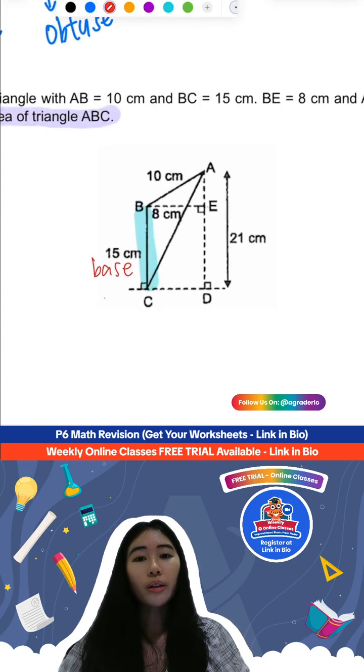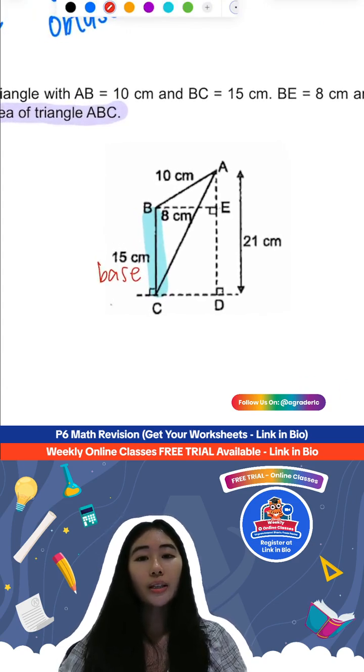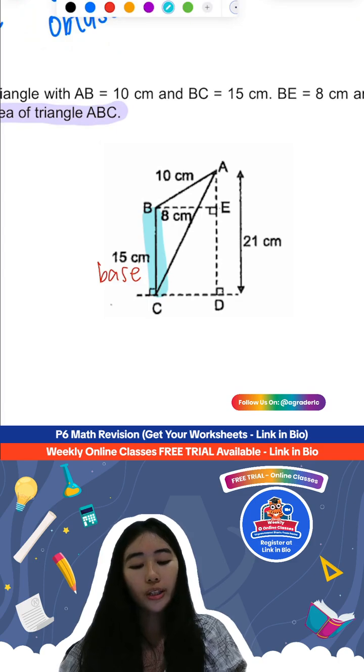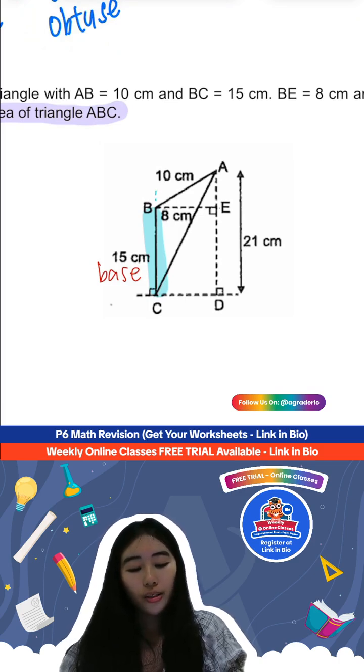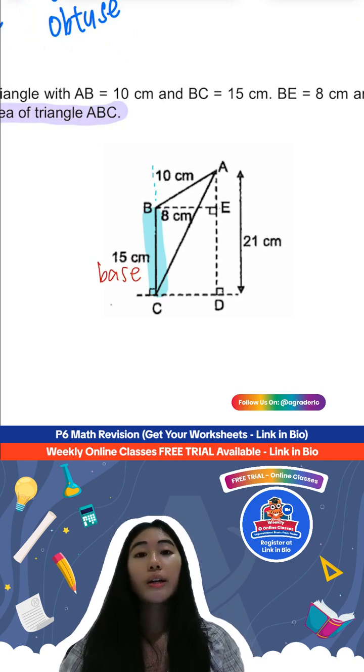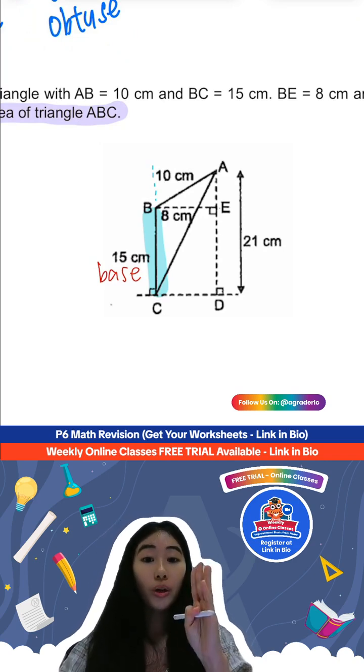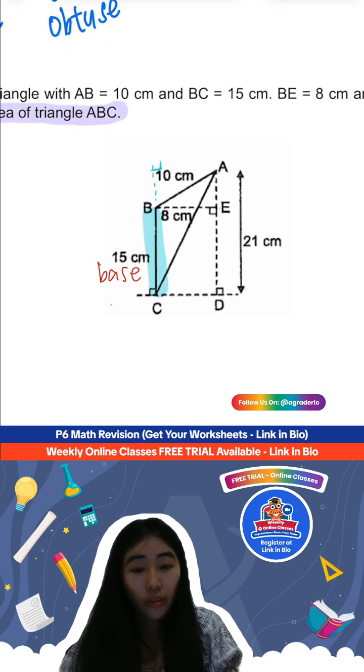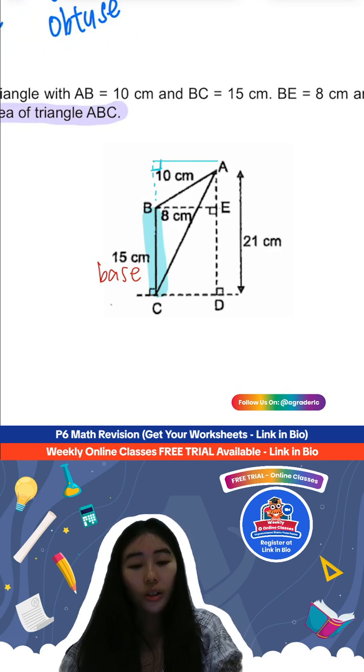I'm going to zoom in, okay? And then how do you get the height of this triangle? You actually need to extend. Let me change the color of the pen. You need to extend like this, right? So you extend your base upwards until you form a right angle, and then that is your height. Sorry, let me make it a bit more accurate.